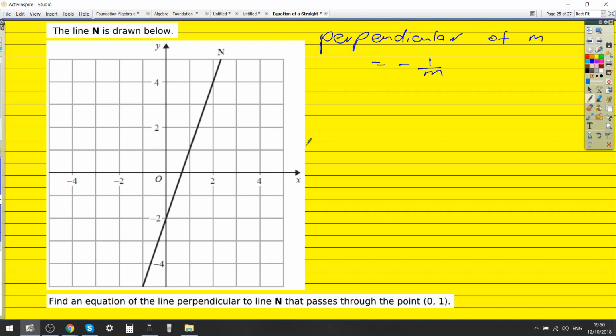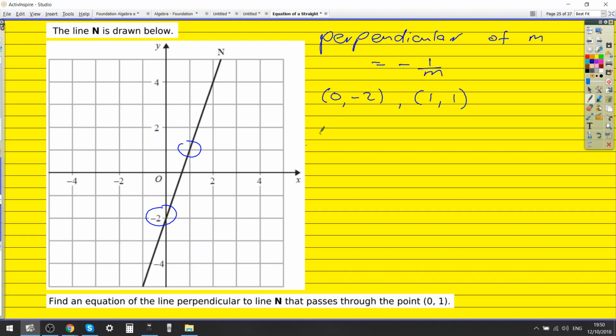Okay, so two points I can see are 0, minus 2, and 1, 1. And the difference is 1 and 3.